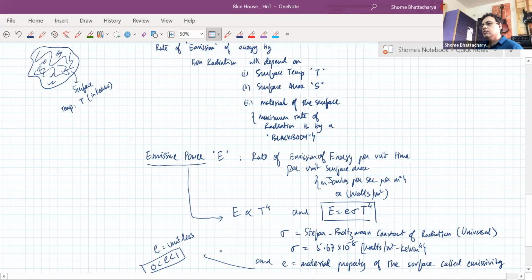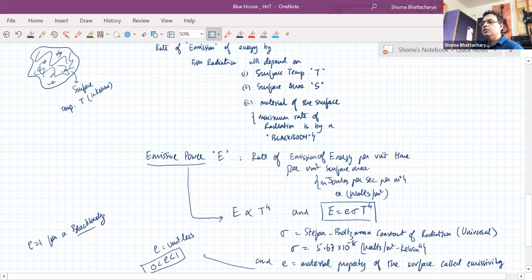It cannot be equal to 1 or 0. Equal to 1 is for a theoretical material called the black body, which is the perfect emitter of heat. So even Vanta black is nowhere equal to 1. No, it is less than 1. Even Vanta black or even your lamp black, etc. So e is equal to 1 for a black body.